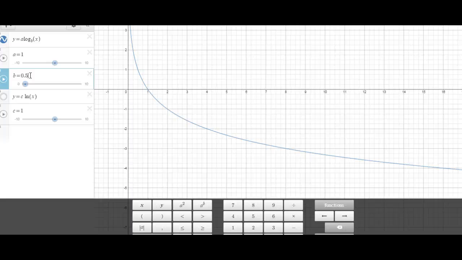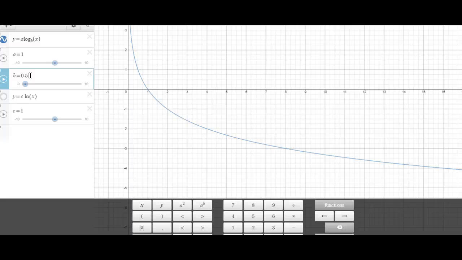Right. Okay, that's the first time we've seen that, right? We had Q4 to Q1 increasing. Or did we see that when a was negative? Yeah. Okay, so if the a value is negative, then it's Q1 to Q4 decreasing. If the b value is between 0 and 1, then it goes Q1 to Q4 and it's decreasing.